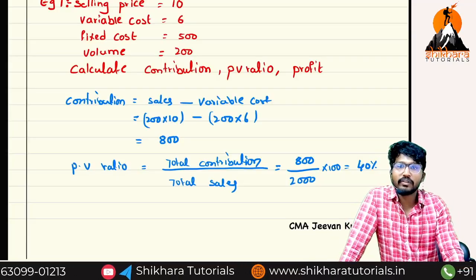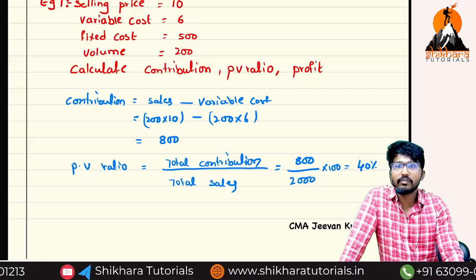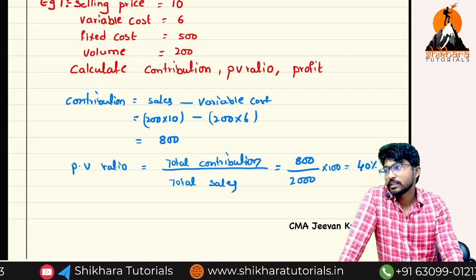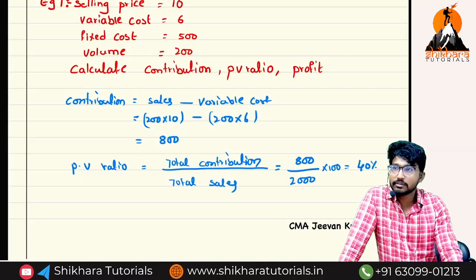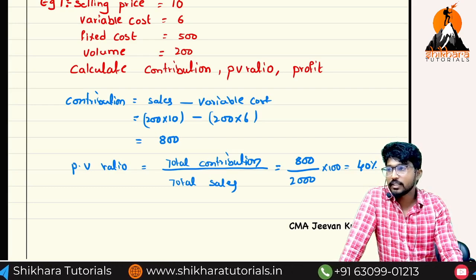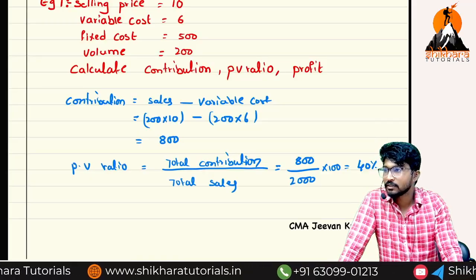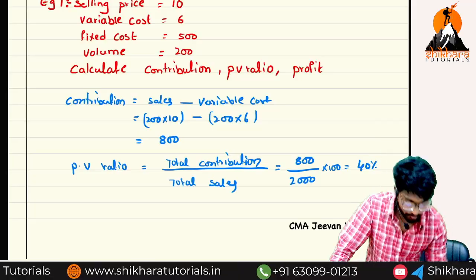How will you get profit? How many formulas do we have for calculating the profit? Sales into PV ratio minus fixed cost, you will get the profit. So sales into PV ratio is nothing but contribution. Contribution minus fixed cost, you will get profit.